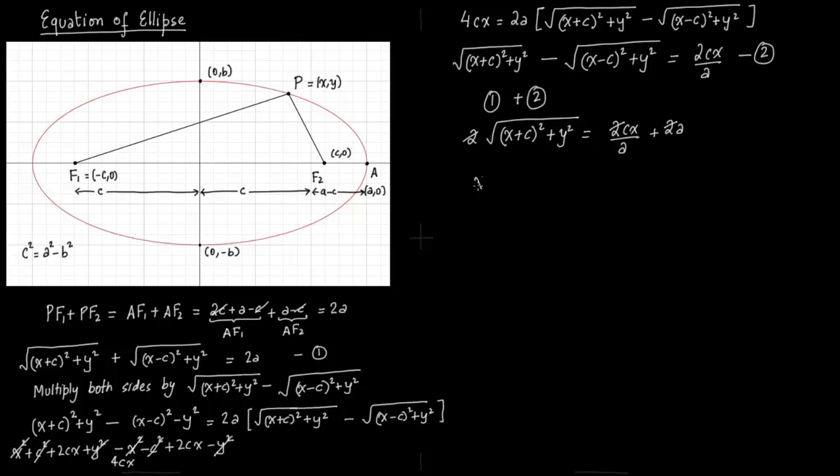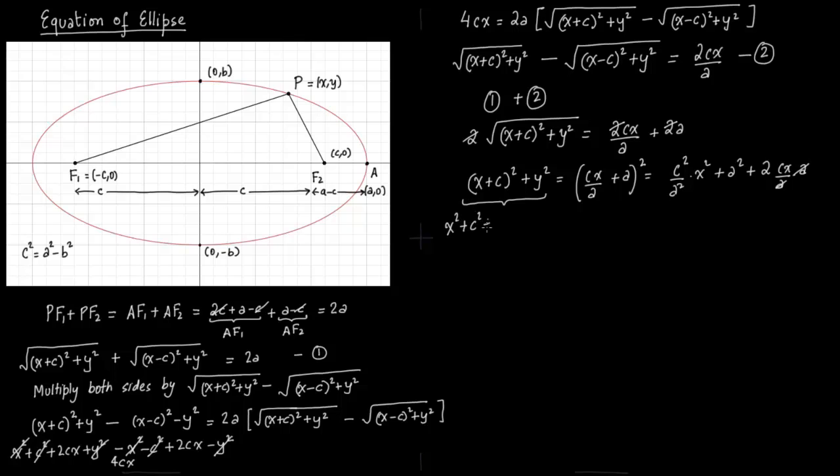Now we can square both sides. We get x plus c whole square plus y square is equal to cx by a plus a whole square, which is c square by a square times x square plus a square plus 2 times cx by a times a, where a and a cancel out. So let us focus on the left hand side for a minute here.